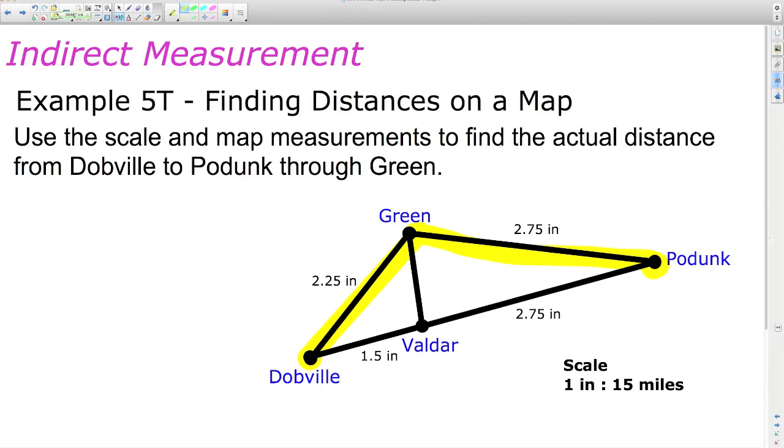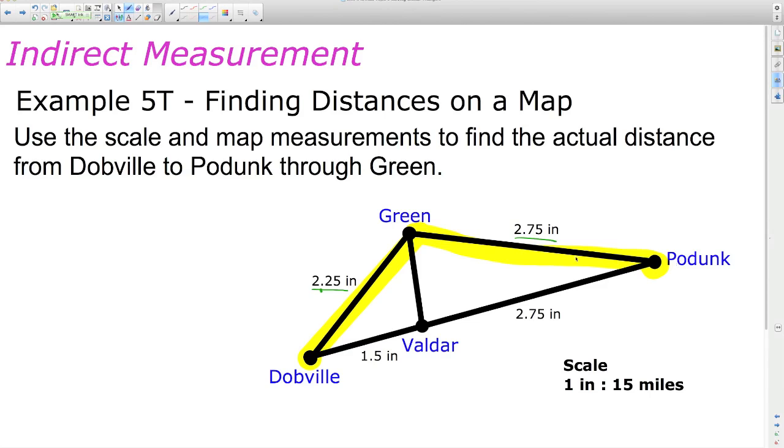Now, the map distance to go from Dobville to Podunk through Green is 2.25 inches from Dobville to Green, and then it's 2.75 inches from Green to Podunk.